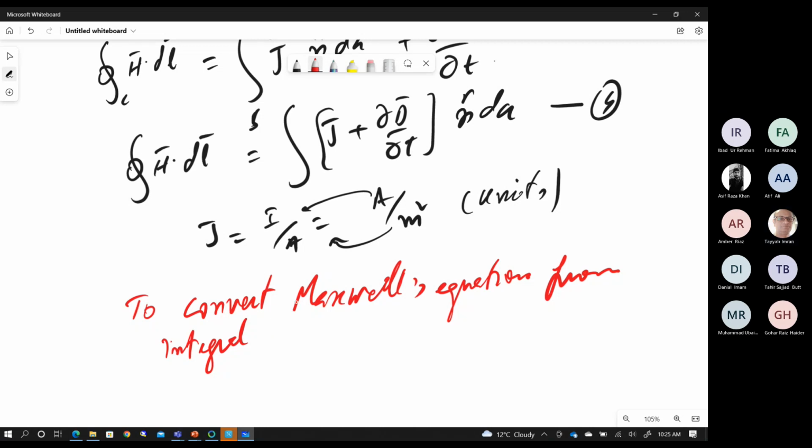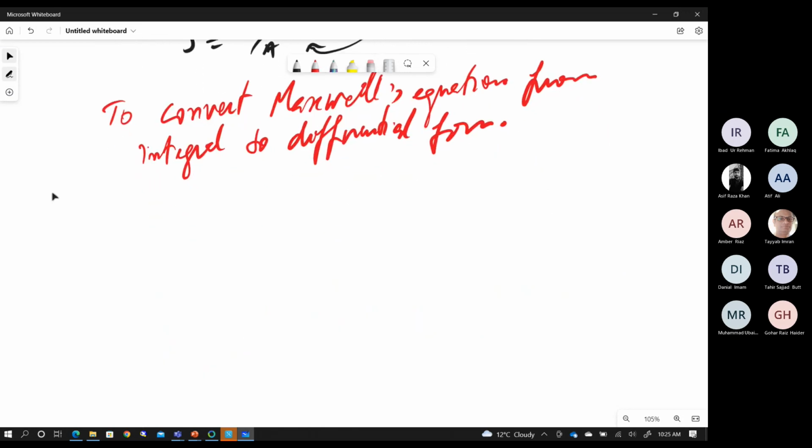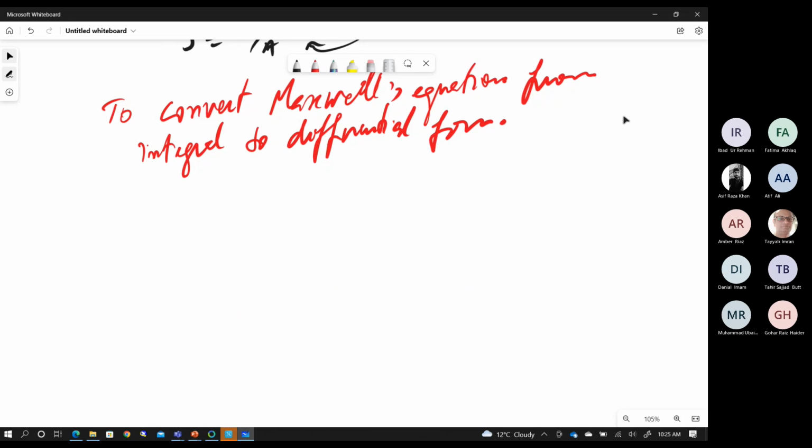So from integral to differential form, we have line, surface, and volume.